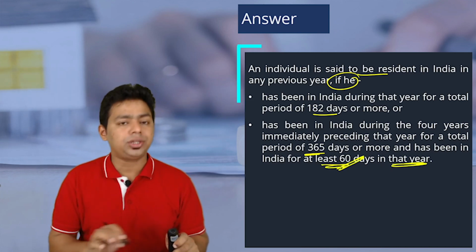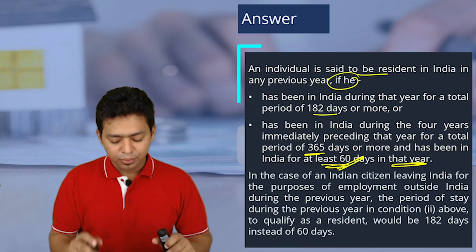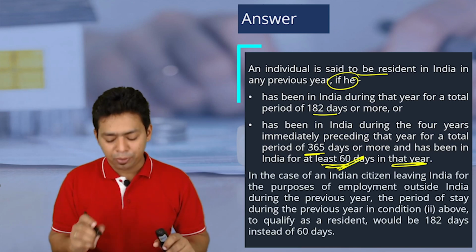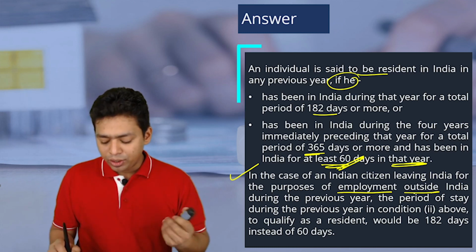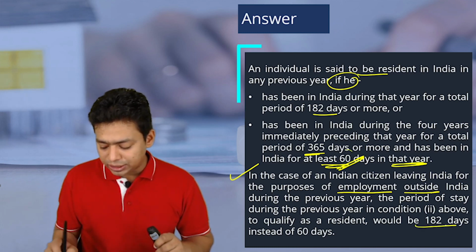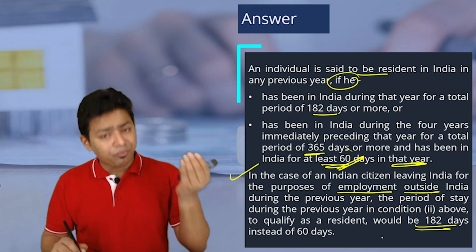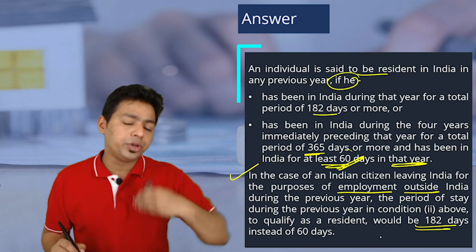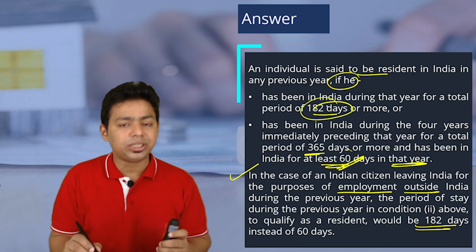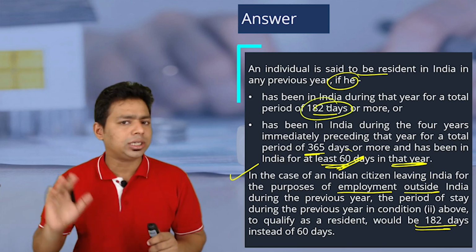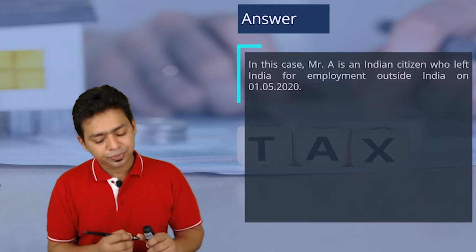But this 60 days condition is not applicable for a person who has left India for an employment outside India. For that particular person, the 60 days is replaced by 182 days, meaning thereby effectively somebody who is leaving India for an employment outside India will become resident only if he stays in India for 182 days. We have discussed this in residential status.